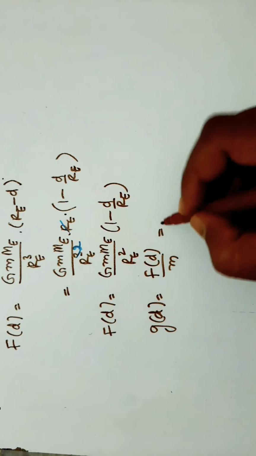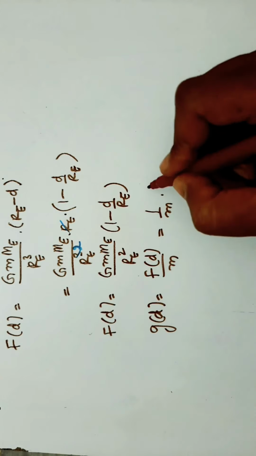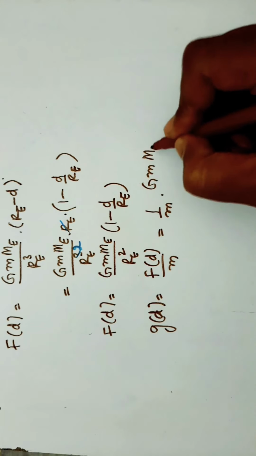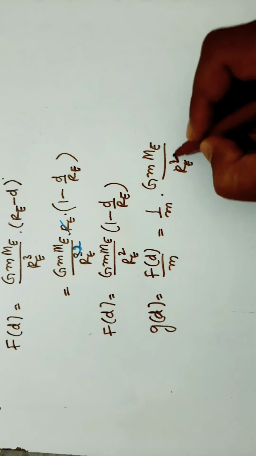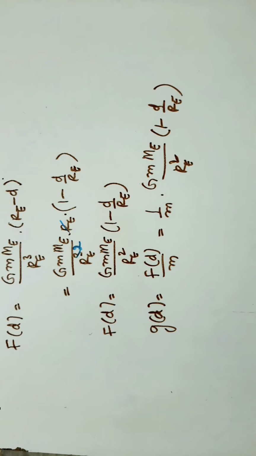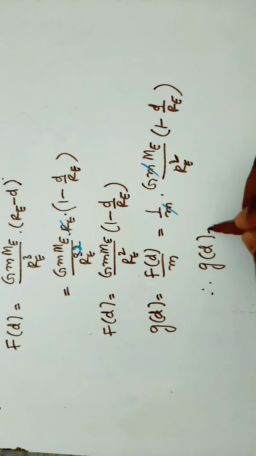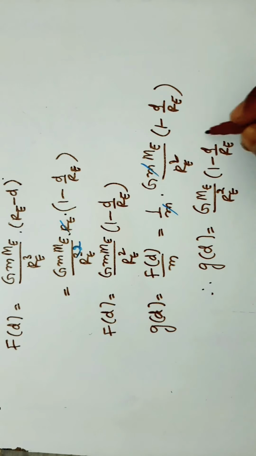So that is equal to 1 by m into F of D, which is G m ME by RE square into 1 minus D by RE. So here m cancels. So finally we can get g of D is equal to G ME by RE square into 1 minus D by RE.